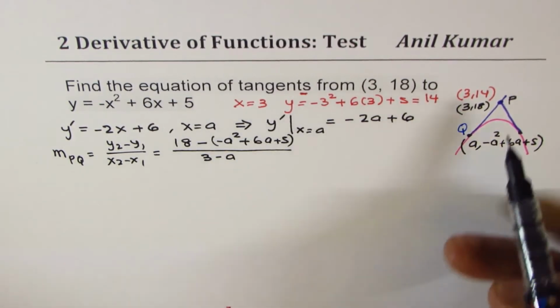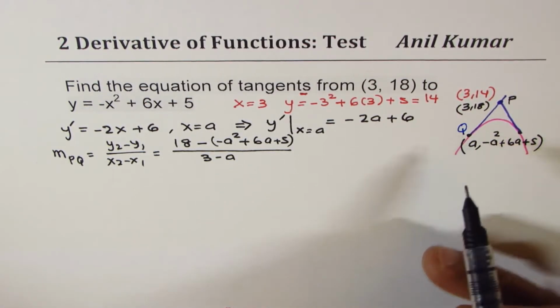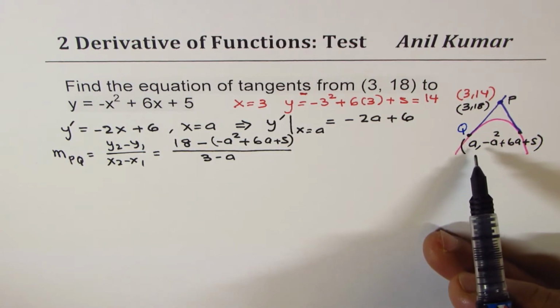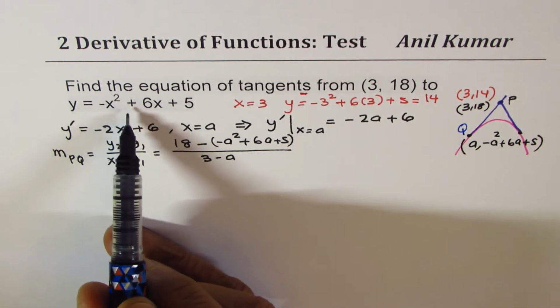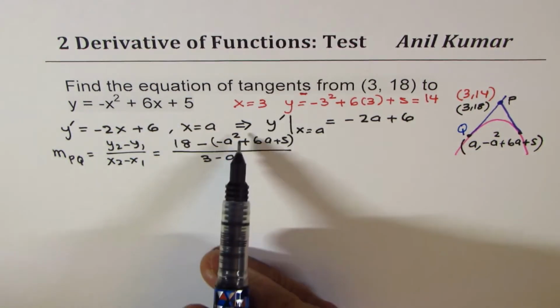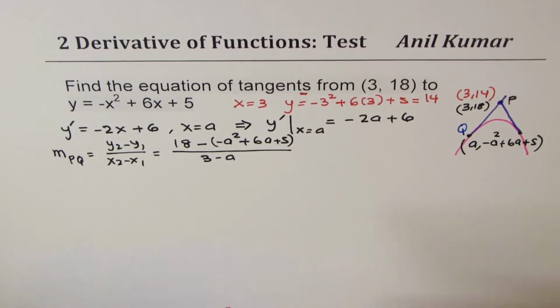So that is the slope between P and Q, where point Q has x value of a and y value of minus a squared plus 6a plus 5.